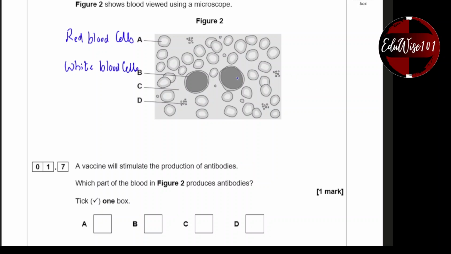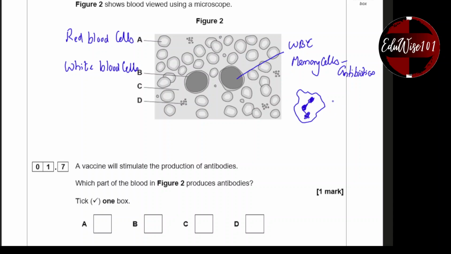Now there are two types of white blood cells. Lymphocytes, these are sometimes called memory cells as well. They are responsible for producing antibodies. Now, you'll also get white blood cells which have a lobed nucleus.